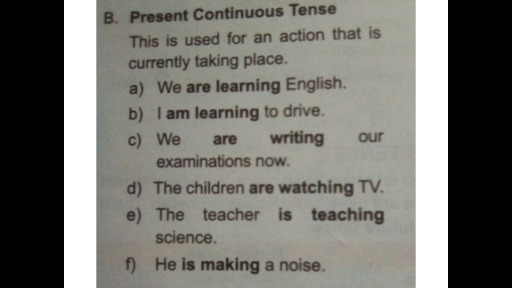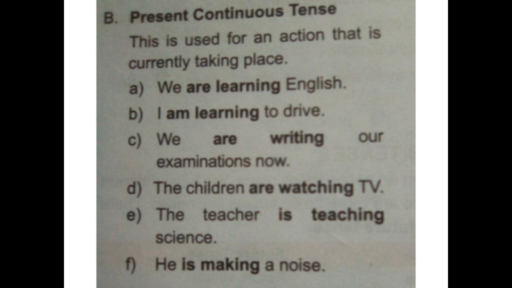In auxiliary verbs, we have three aspects apart from the modal auxiliaries. The primary auxiliaries, we have three aspects: the verb to be, the verb to have, and the verb to do.